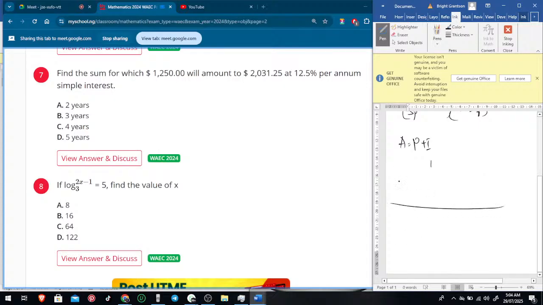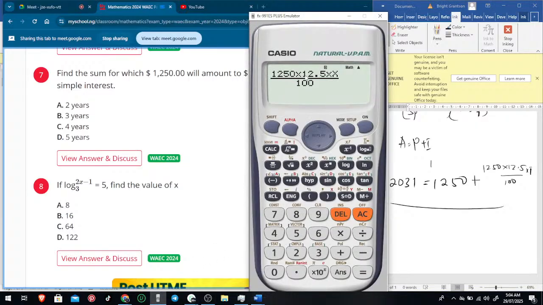So what is the amount for which this money, 1250, which is the principal, will amount to? 2031. So now I come to find the interest on this amount. This is principal times rate, 12.5 over 100, times time. That's the time you don't know, the T. So on a calculator, use the T as your unknown x. And what we have here is an equation. Do you understand?